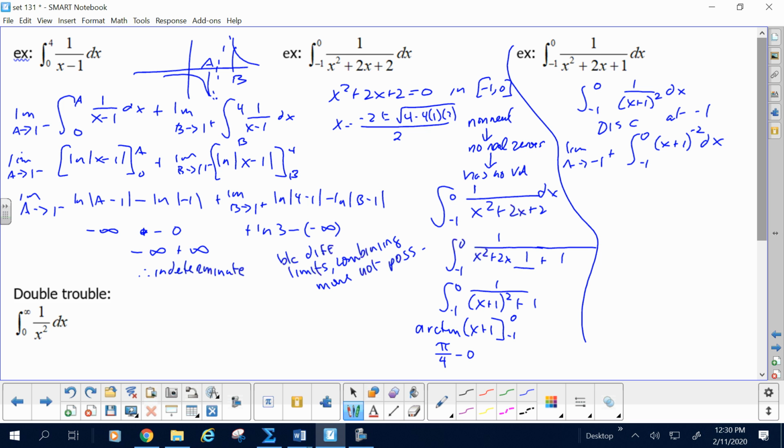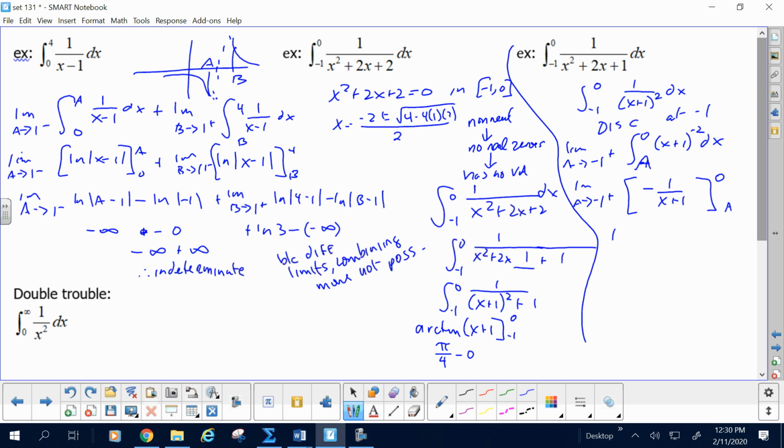What is the antiderivative of x plus 1 to the negative second? Negative 1 over x plus 1 from a to 0.